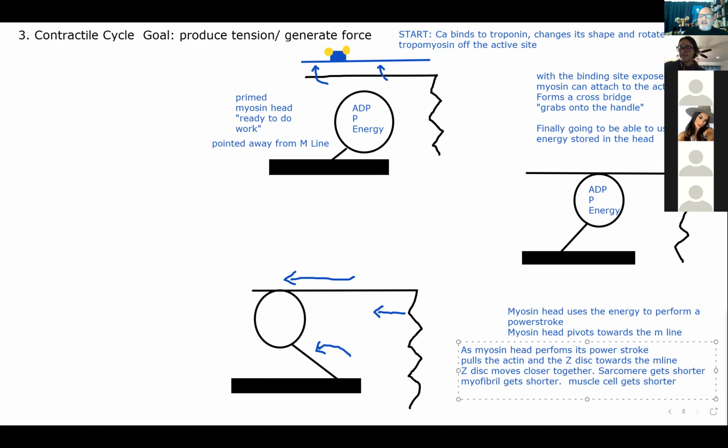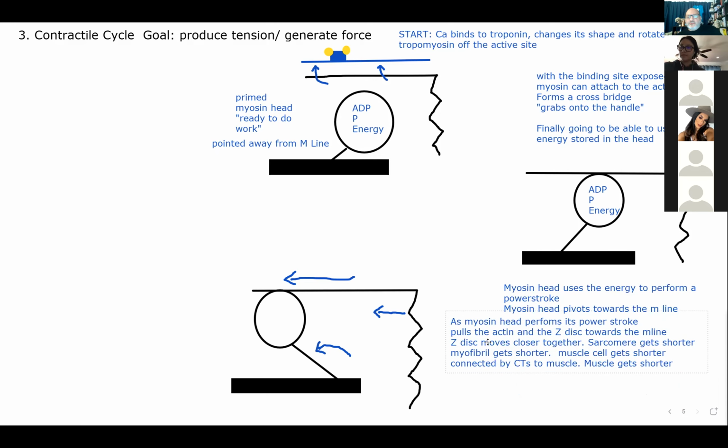And that muscle cell is connected to a bunch of others by connective tissues to form the muscle itself. So when the muscle cell gets shorter, what happens to the muscle? It contracts or gets shorter. Yeah, the muscle gets shorter as well, right? Remember our goal in all of this. Our goal was to generate a force, generate a tension.